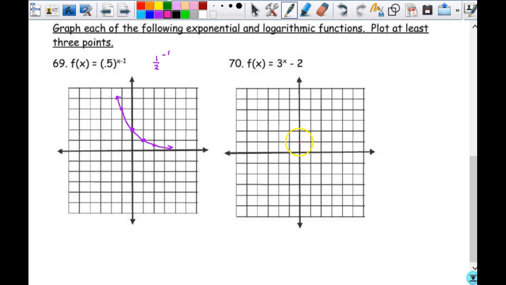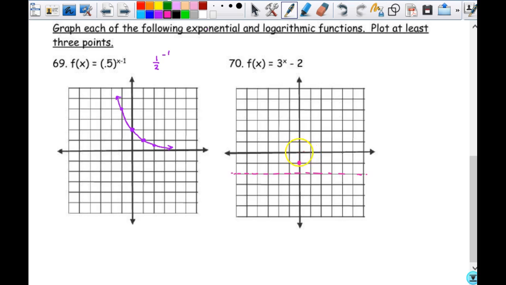But I've got that minus 2, so that's going to translate it 2 units down, so I end up right here. What you have to remember is that if I didn't translate down 2, it's going to come down and touch the x-axis, but that also gets translated down. So here's basically where I have to make sure this is my horizontal asymptote, right?